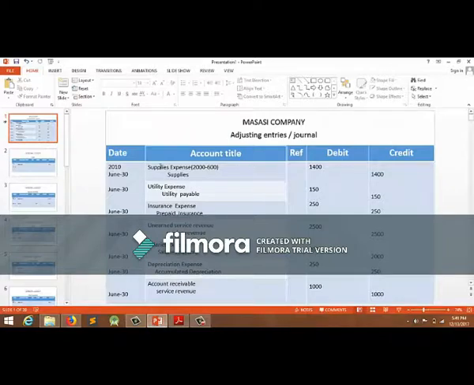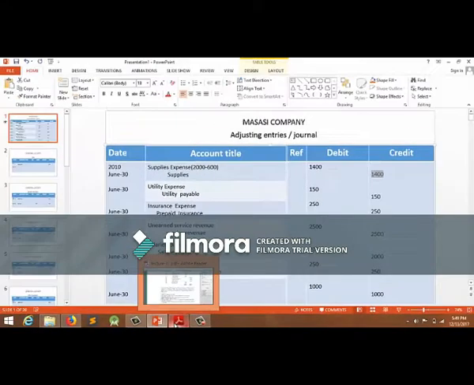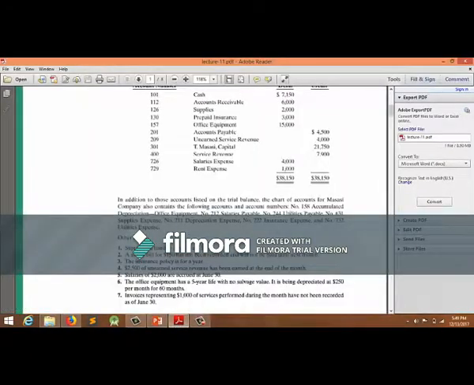So supplies expense of 1400 has occurred, and supplies becomes credit. Supplies is a debit balance, but the supplies which we have already expensed become credit 1400.